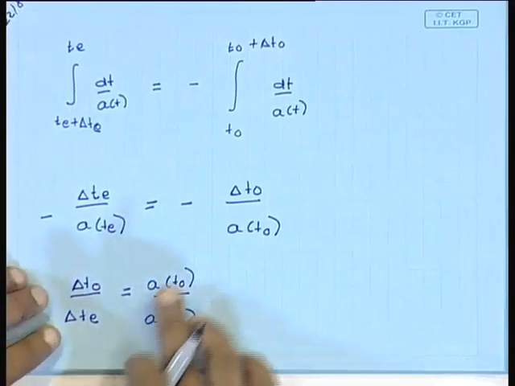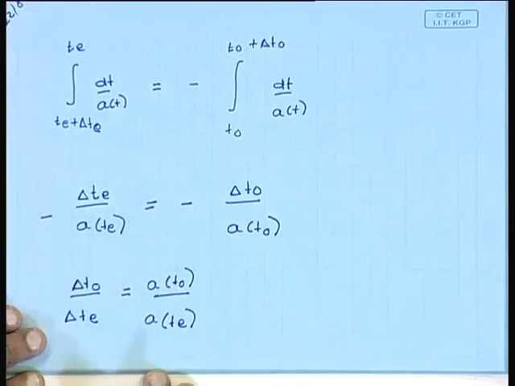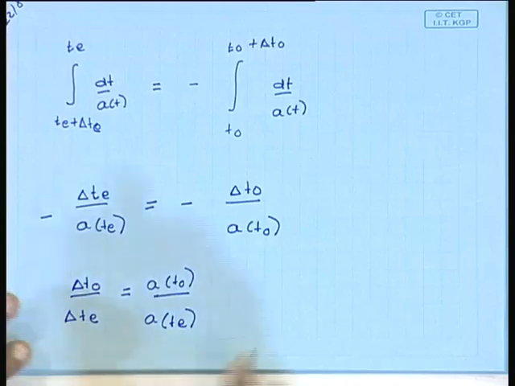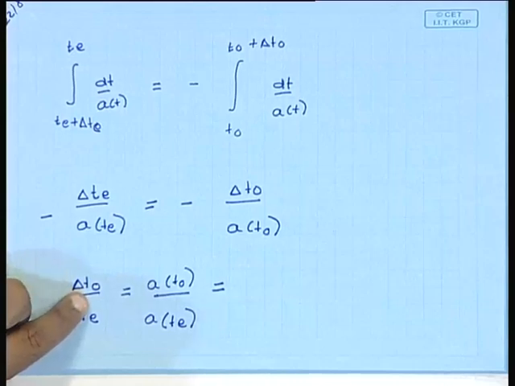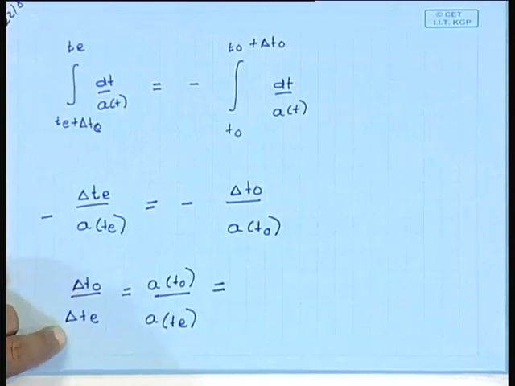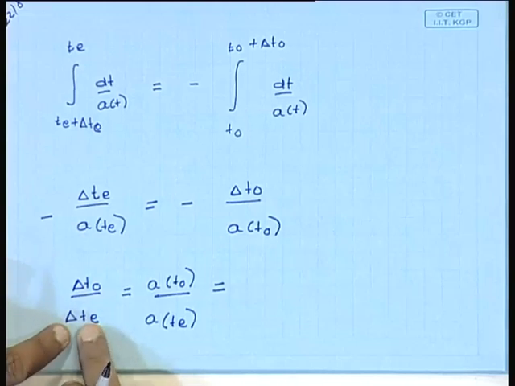And we know that this delta T observed and delta T emitted are inversely related to the frequency of the emitted light and the observed light.